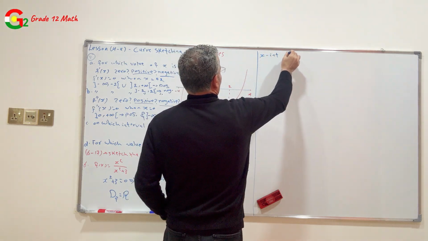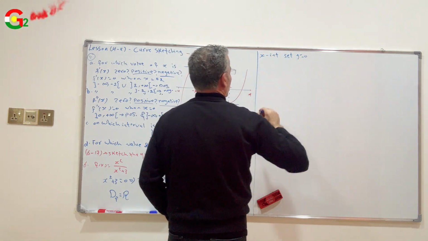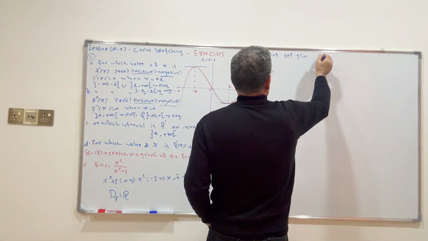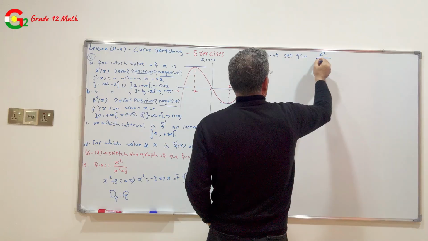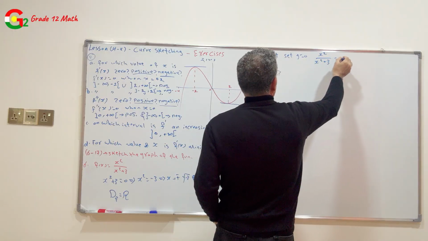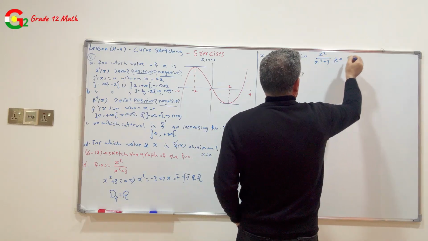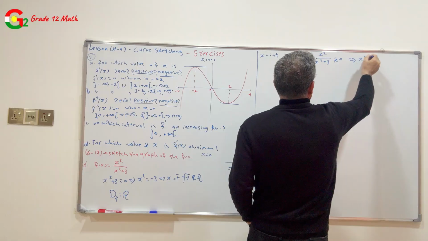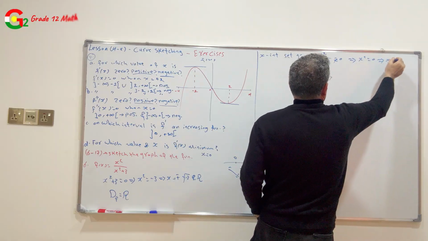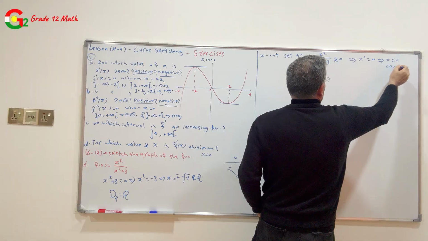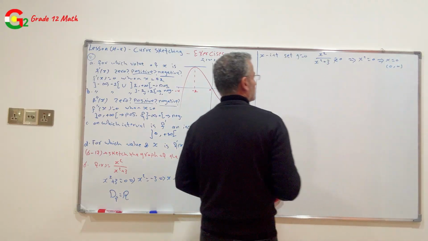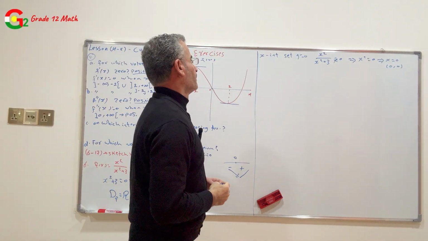For the x-intercept, set y equals 0 and find the value of x. If we set f of x equals 0, then x power 2 over x power 2 plus 3 equals 0. Cross multiplication, then x power 2 equals 0, then x equals 0 is the x-intercept value for this function, (0, 0).